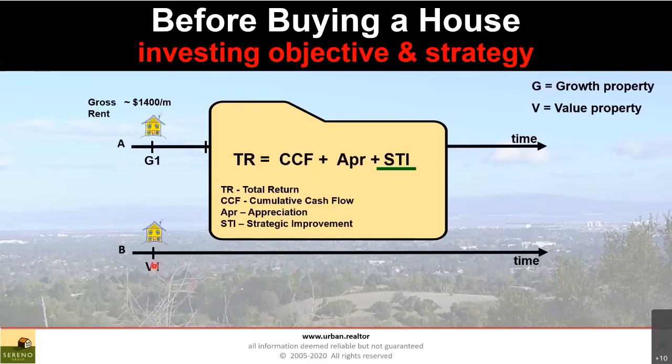If you buy properties where the land component is very high and you have enough land that allows you to improve, to add square footage, to add a second floor, to expand the home, then you already capture 2/3 of the cost, and you can basically increase the value of the property significantly by investing only in the remodeling, only in the addition of square footage. This is what I refer to as the strategic improvement.